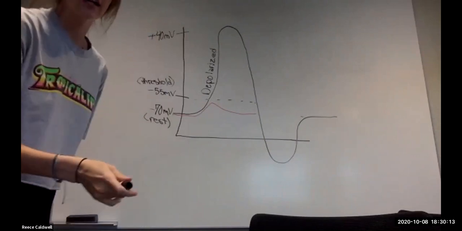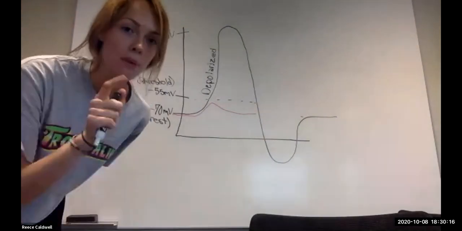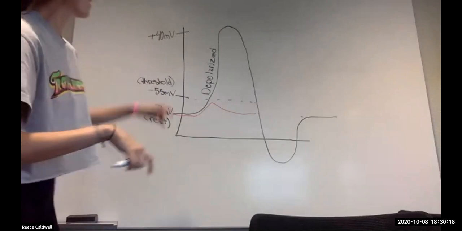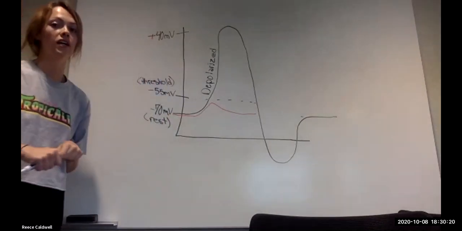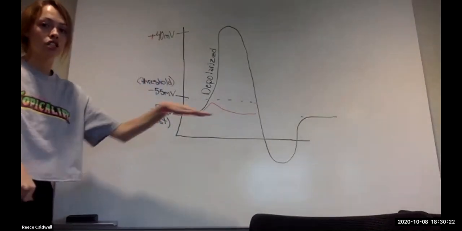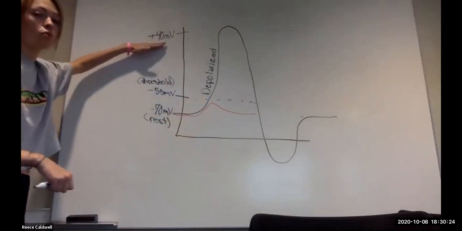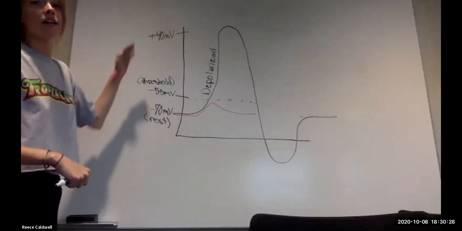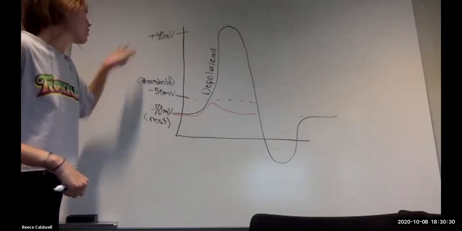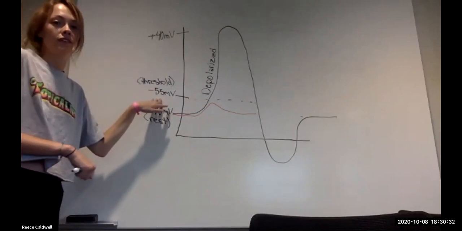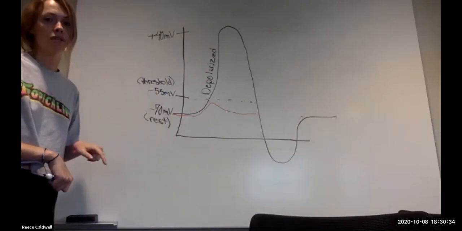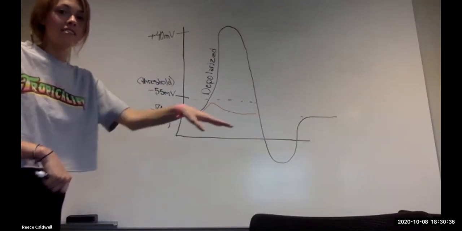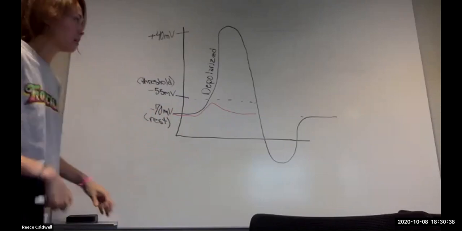On your slide and in your manual, it says positive 30. That's incorrect. It should say positive 40. An action potential can only go up to one uniform strength. It can't be less, it can't be more. It's always going to be positive 40. Threshold will always be negative 55, and rest will always be negative 70. It only is at one strength.